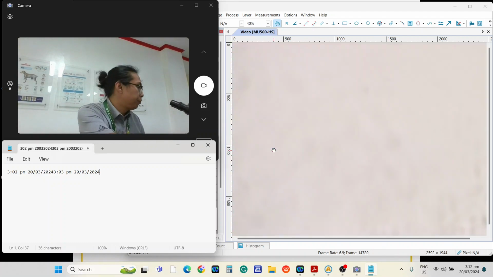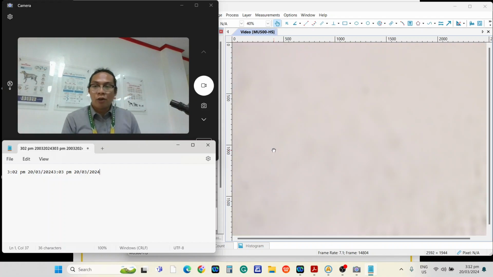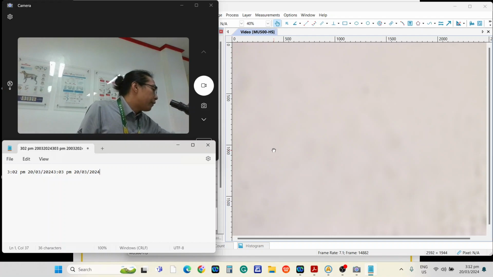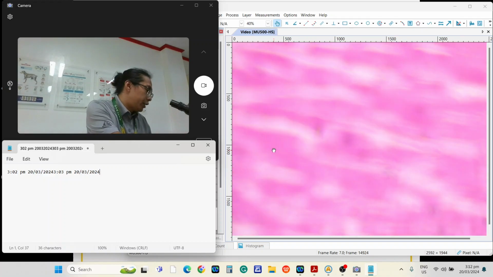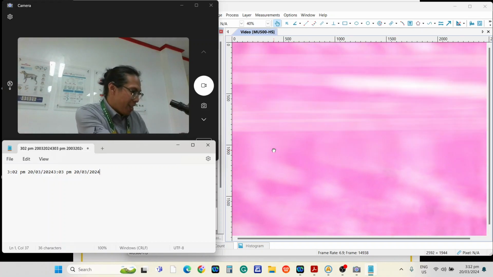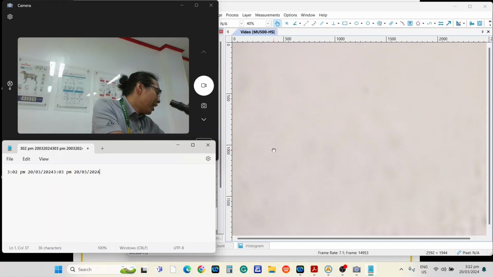Moving on to organology. Para mas madali yung ating laboratory exercise, pinagsunod namin yung muscle as a tissue and muscle as an organ. In the muscle as an organ, ang titingnan pa rin lang natin is a striated muscle.